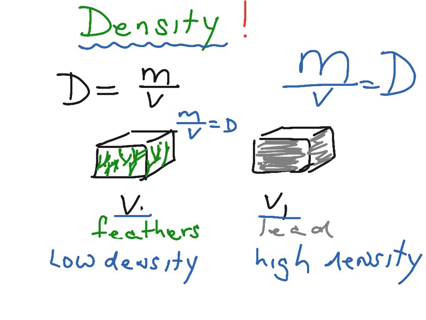If we put both of these boxes together into a larger container, obviously the lead would sink to the bottom because it has the higher density. So if you have two substances with the same volume and different masses, the one with the larger mass has the larger density. Now let's look at the second case where we have the same mass but different volumes.